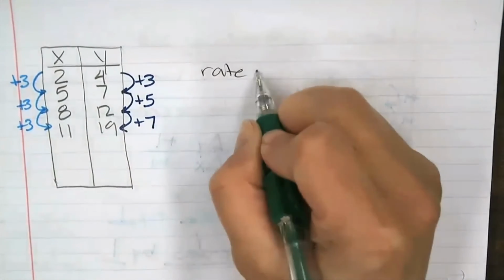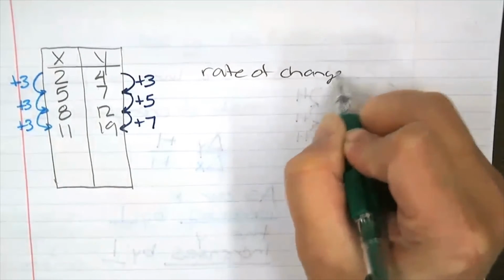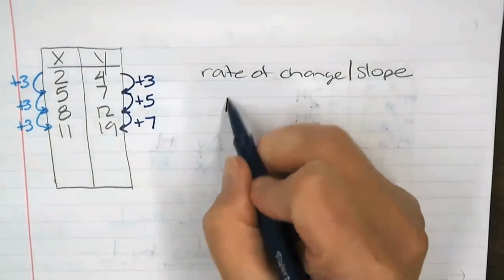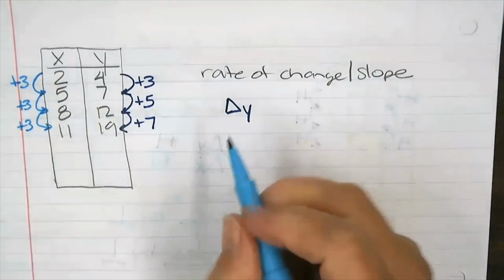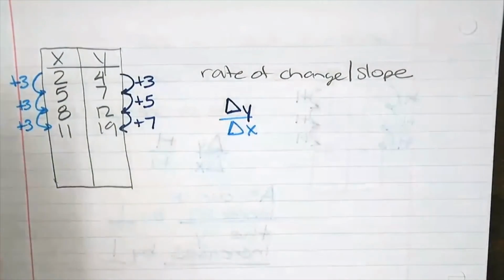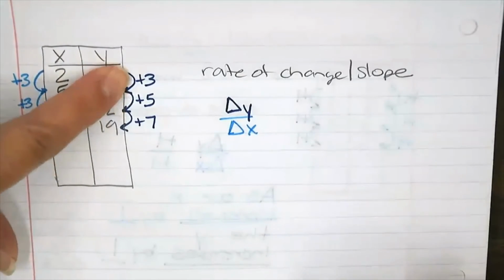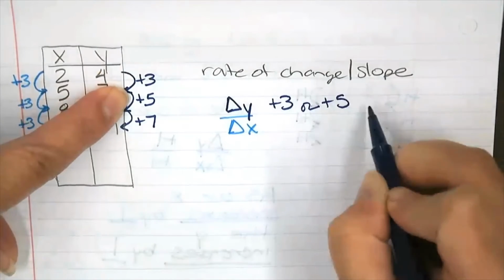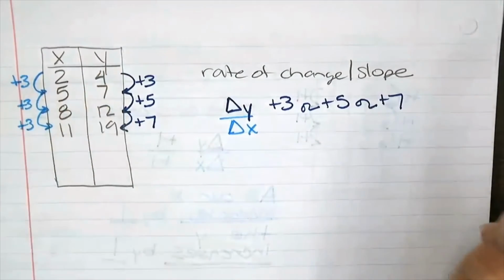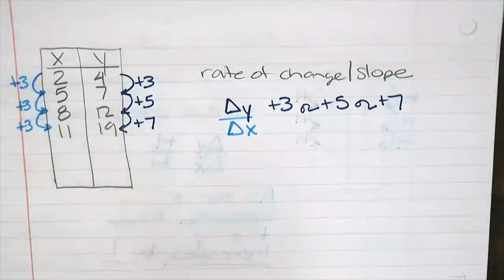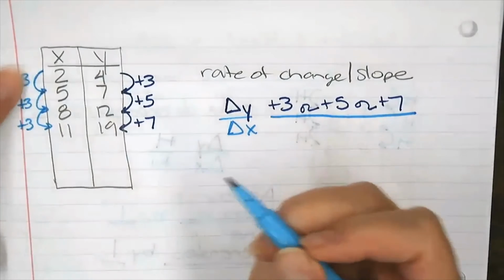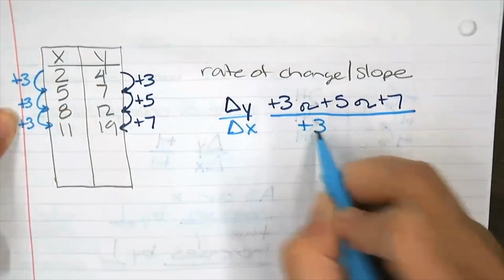So when we're talking about our rate of change or our slope, that's the change in y over the change in x. We'll take a look at our change in y. Do we use plus 3 or plus 5 or plus 7? I don't know which one we're going to use. Now, this is constant. They're all plus 3.